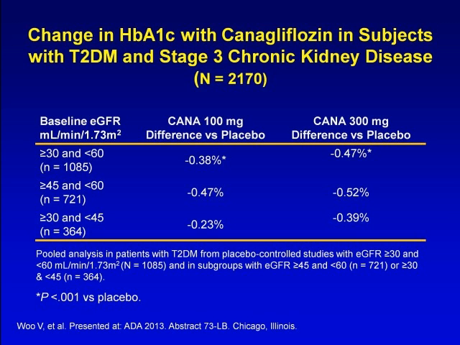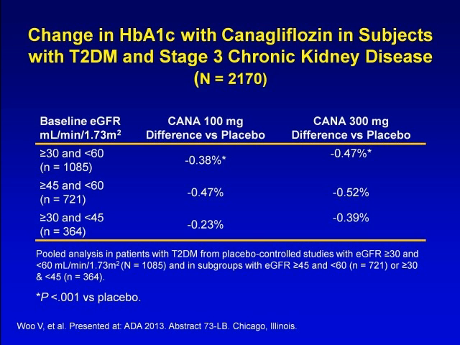So based on this, there are some recommendations in the package insert to not use canagliflozin in patients who have a GFR at baseline that is persistently less than 45. In order to avoid dehydration, it's recommended that patients who have a GFR of 45 to 60 use only the 100 milligrams and don't up-titrate to 300 milligrams.